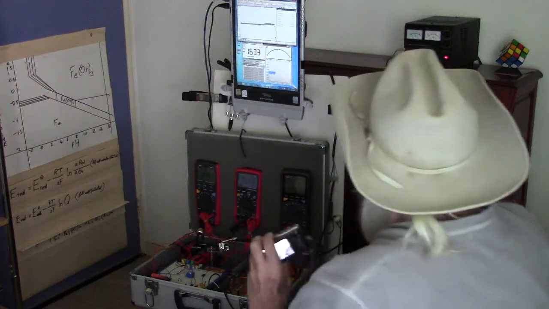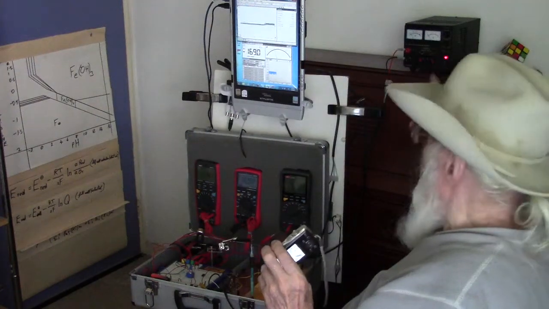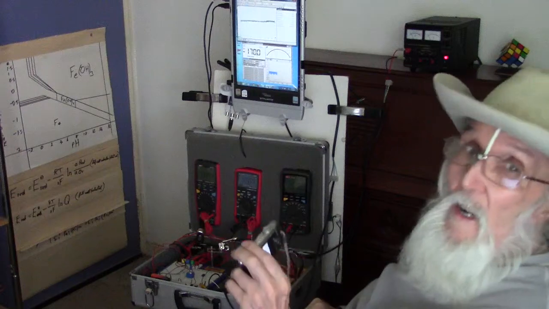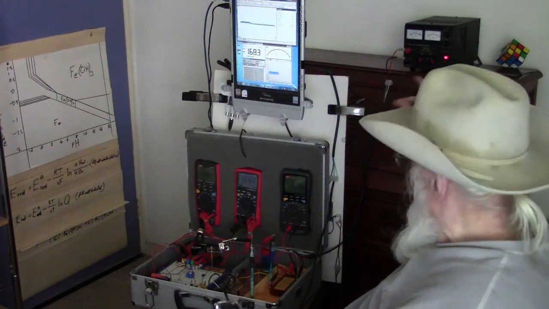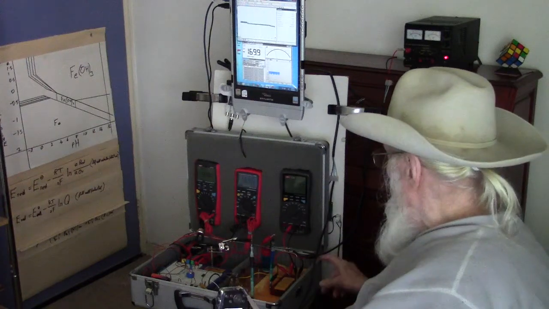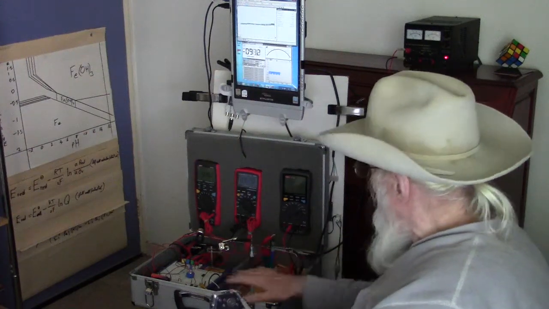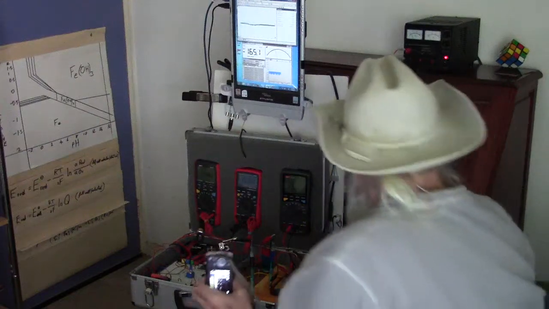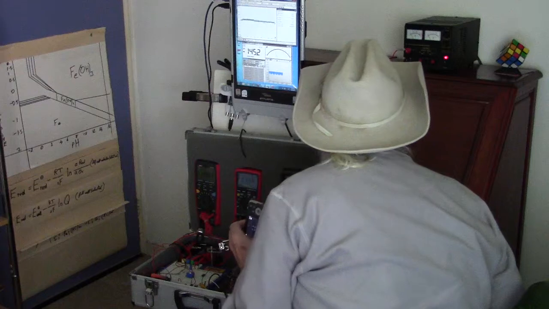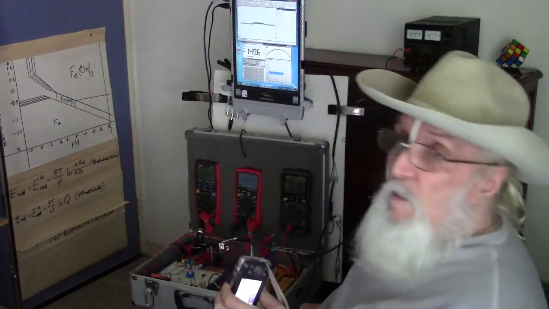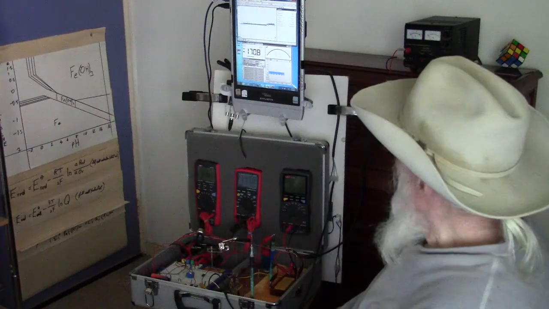The voltmeter and ammeter on the transformer rectifier are not moving at all, and this is because of the very, very small amount of current that's required by the system. So I've set the voltage at about 3 volts, 2.5 to 3 volts.